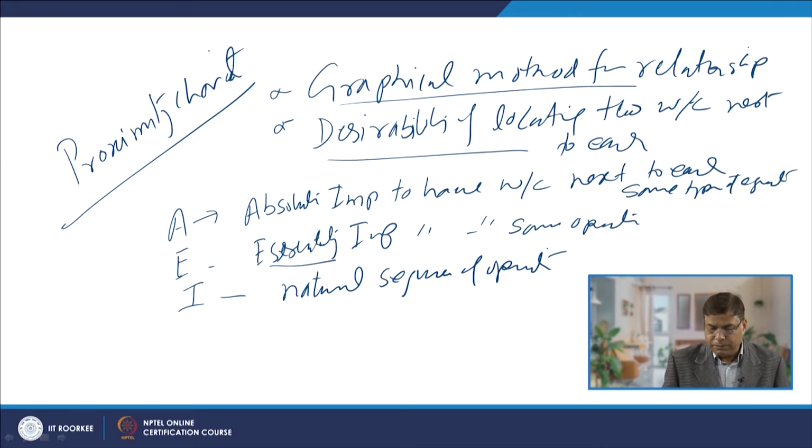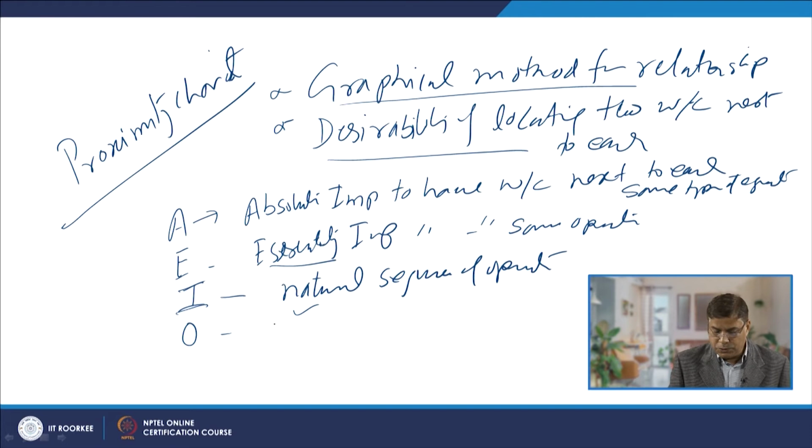If the two work centers or facilities have the natural sequence of operations, meaning after completion of one the other will be done, then the facilities are arranged next to each other. That is the situation of important to have them close to each other, because they are following the natural sequence of operation.